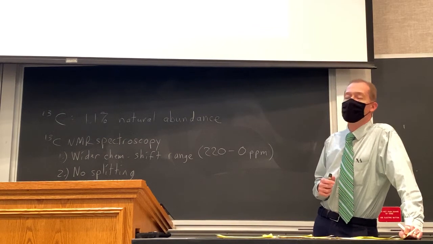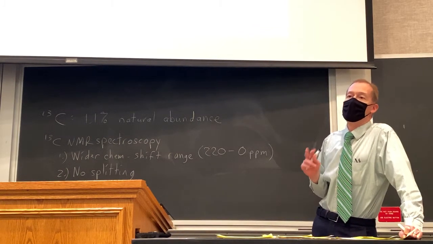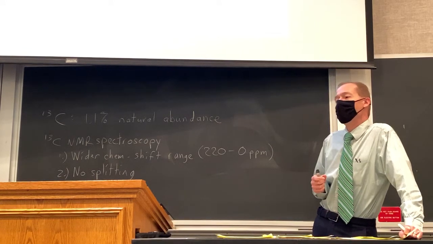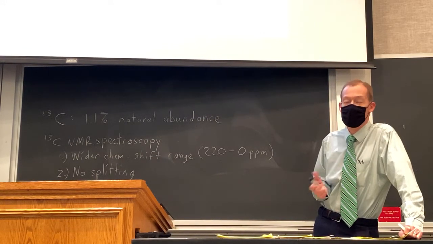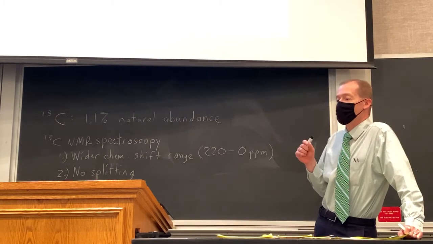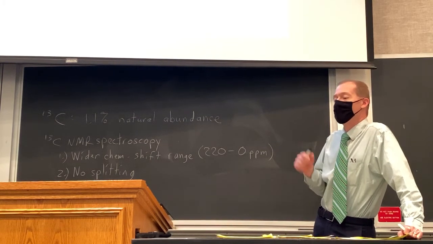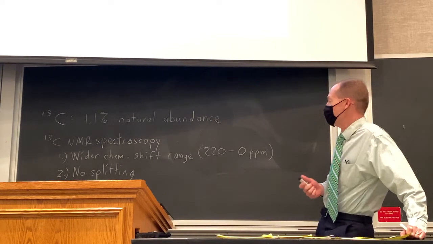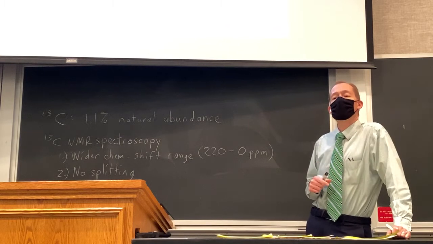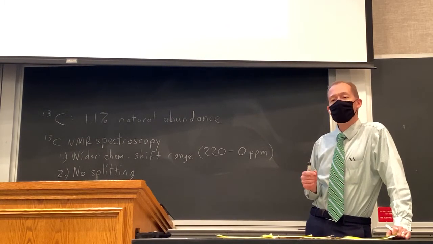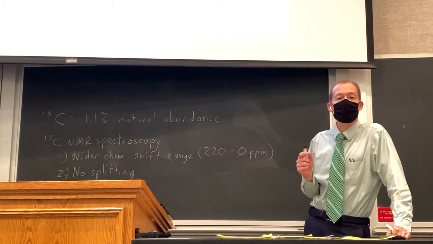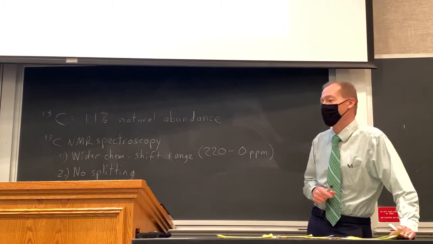And the probability of having adjacent C13 atoms in a molecule is about 0.01%. So you're not going to have a C13 nucleus split by an adjacent C13 nucleus, okay? Now, protons that are attached to C13 atoms can split those C13 atoms.